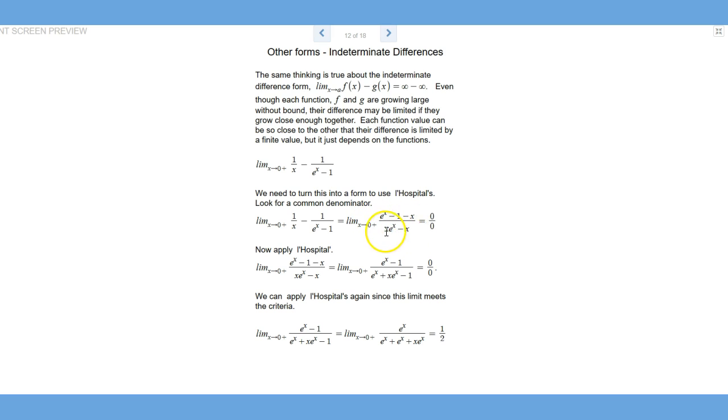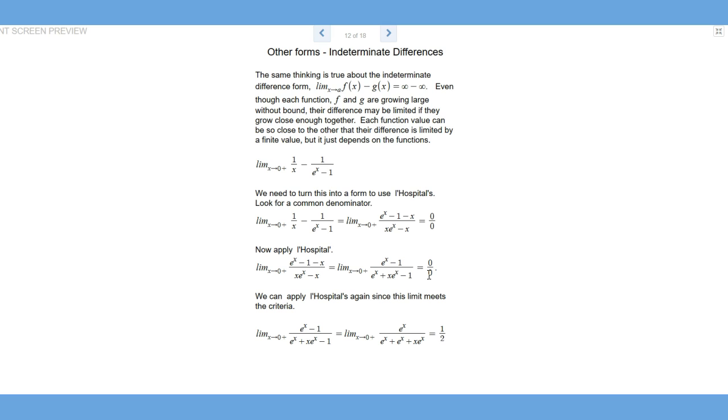If I put 0 in each of those, I would get 0 over 0. So now I'll apply L'Hopital's rule, and I take the derivative of the numerator and the denominator, and I get e to the x minus 1 over e to the x plus x e to the x minus 1. And again, I end up with 0 over 0.